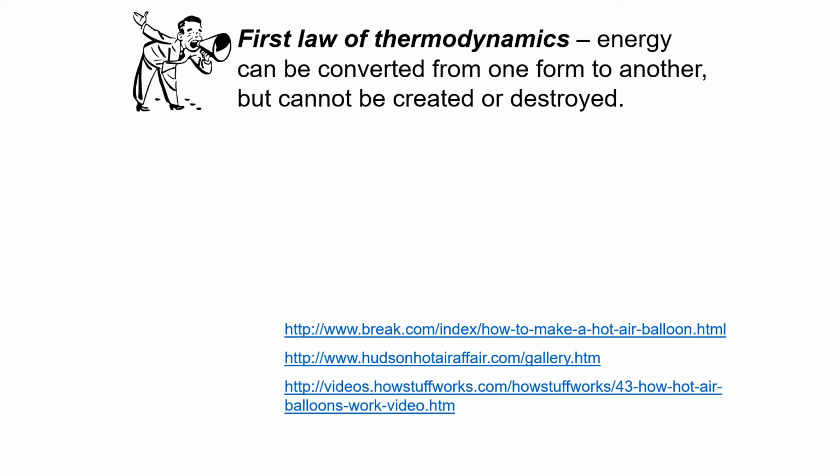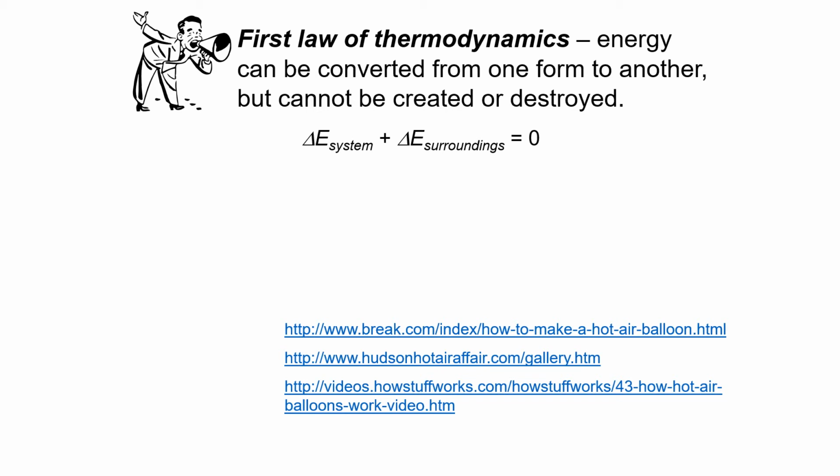So the first law of thermodynamics. Similar to the law of conservation of mass, energy can be converted from one form to another, but it cannot be created or destroyed. So there is a finite amount of energy in our universe.